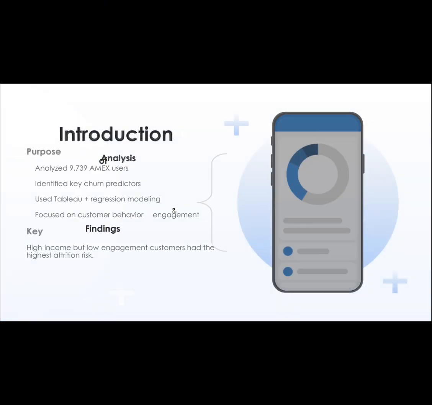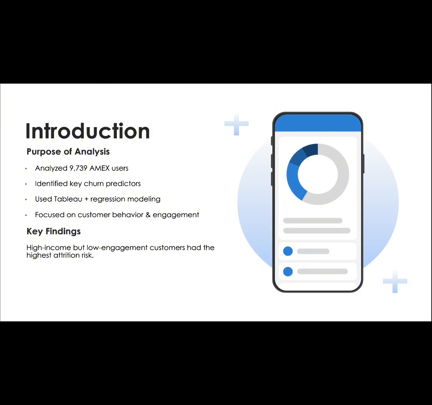We analyzed a dataset containing 9,739 American Express users. Our goal was to identify the demographic and financial drivers of customer churn. To do this, we used both Tableau dashboards and multivariate regression modeling to determine which variables significantly impacted attrition probability.